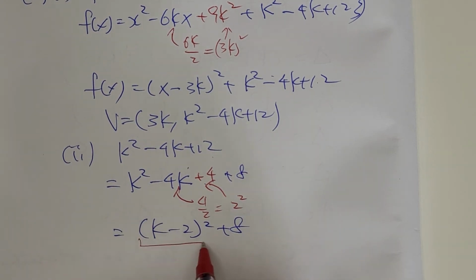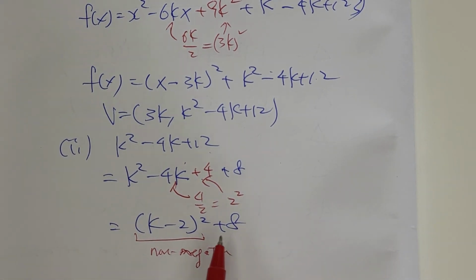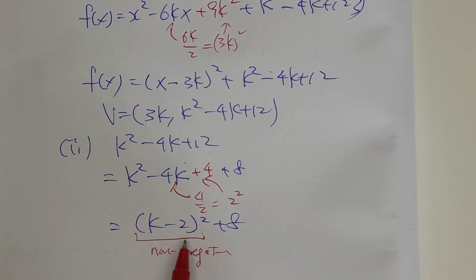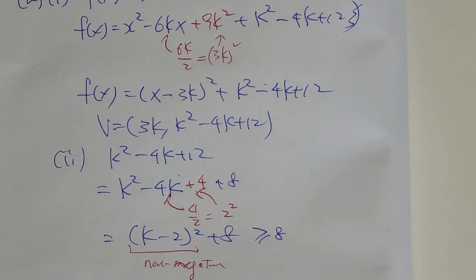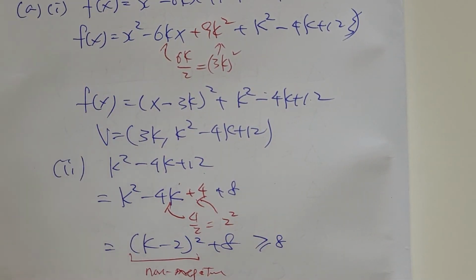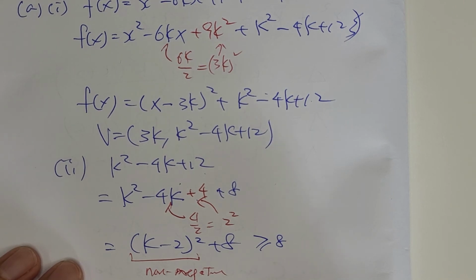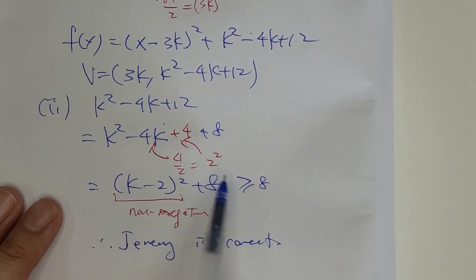Since (k minus 2) squared is non-negative, the least value of the perfect square would be 0. So this expression must be at least 8, and hence Jeremy is correct, because this value is non-negative, which means the whole expression is at least 8.